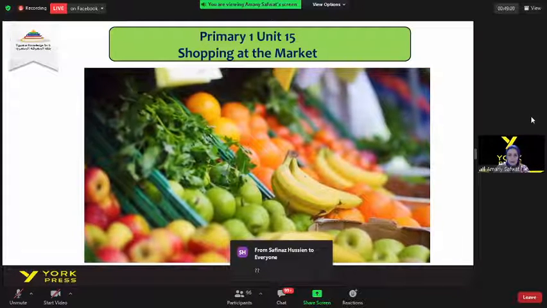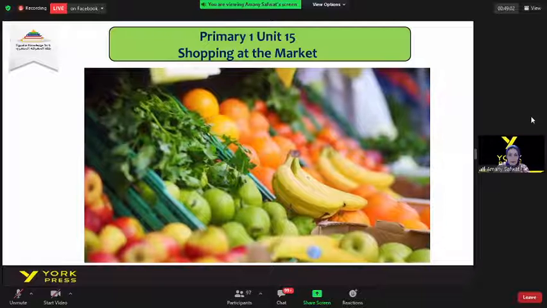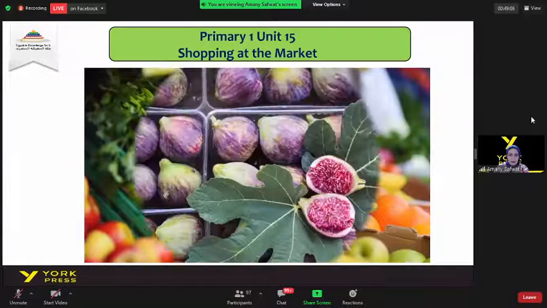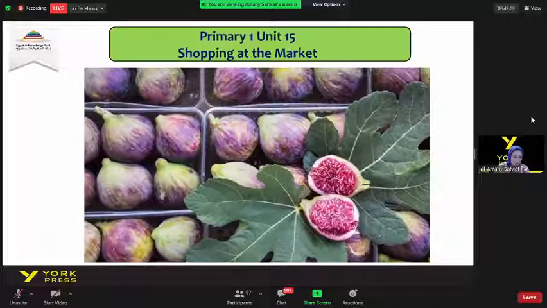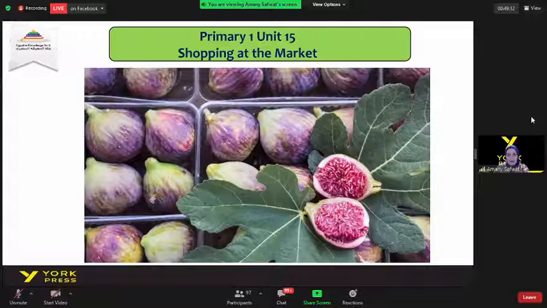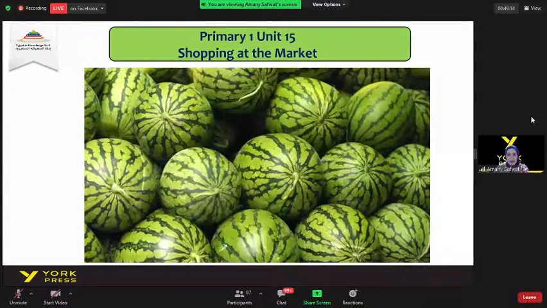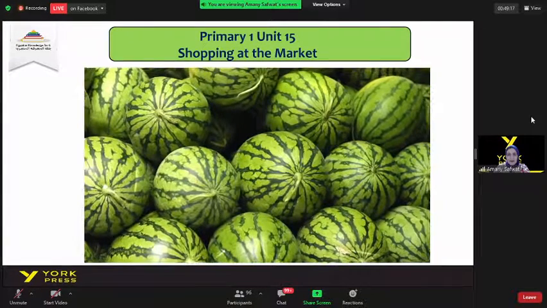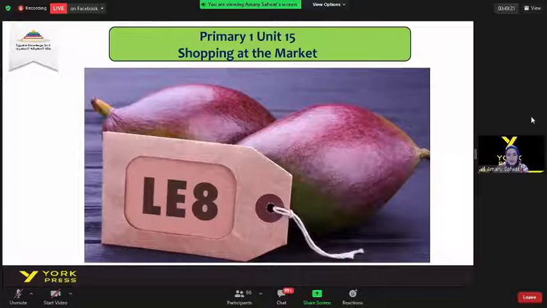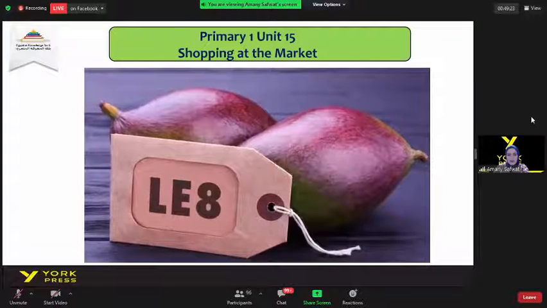I can see apples, oranges, and bananas. These are big figs. And these are watermelons. I like mangoes.